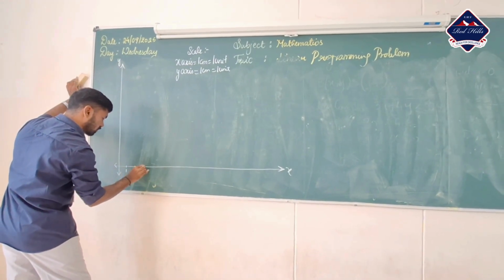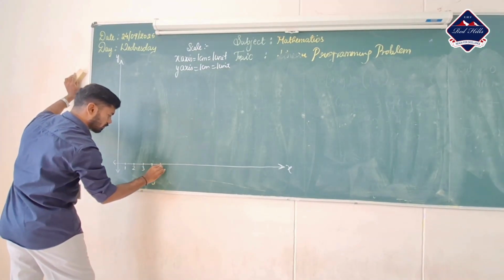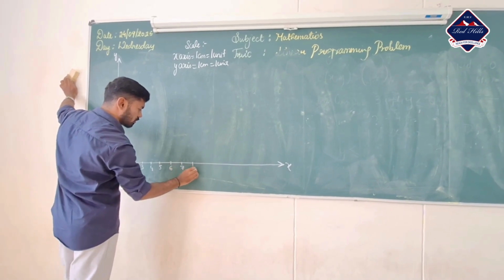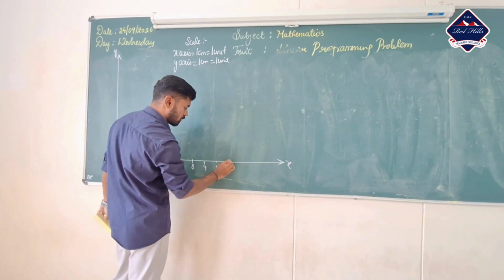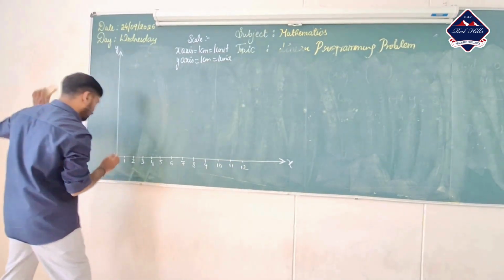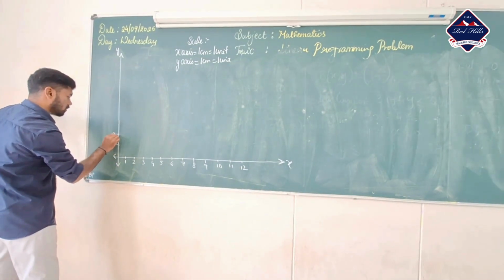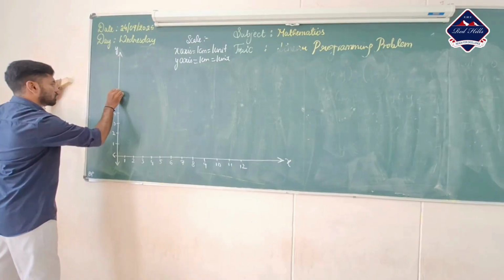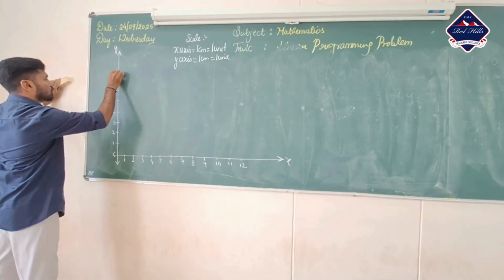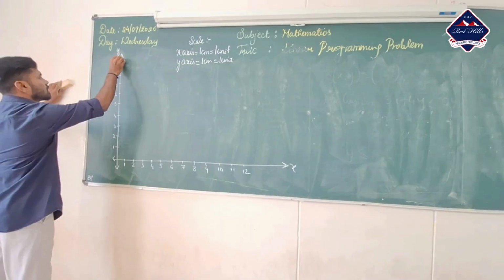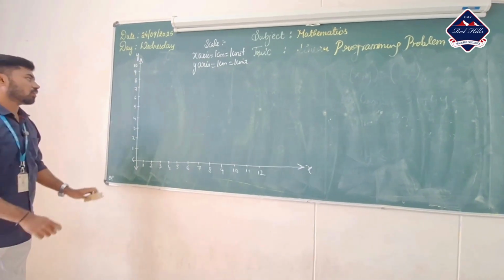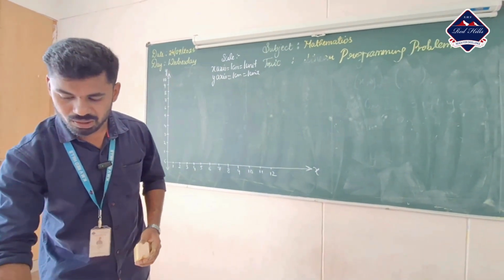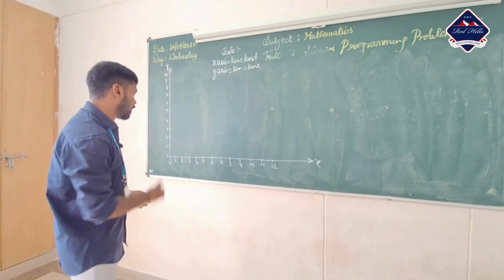One, 2, 3, 4, 6, 7, 8, 9, 10, 11, 12. So 10 is along which axis? X-axis. Okay, fine then. So tell me which is the first point, children? 0 comma 5.